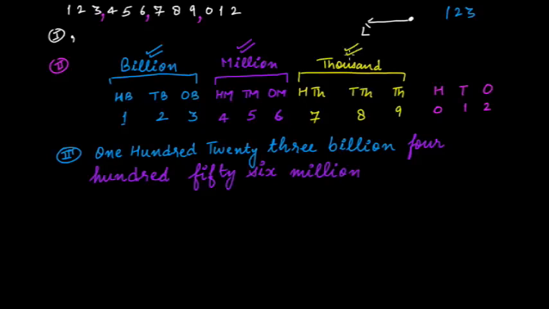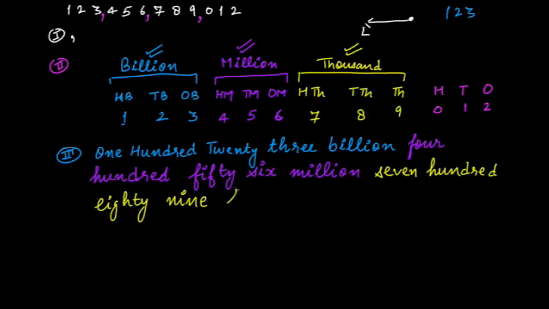This one. So what is this? 789, of course, right? So 456 million 789,000. Right? Now this is complete.